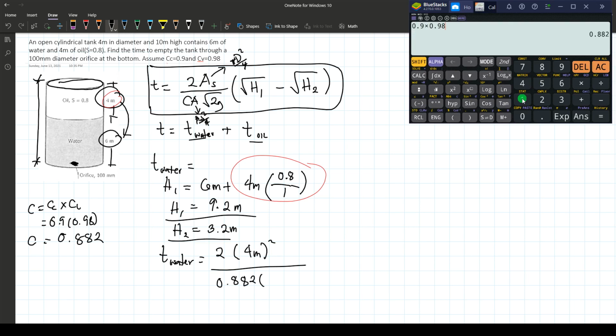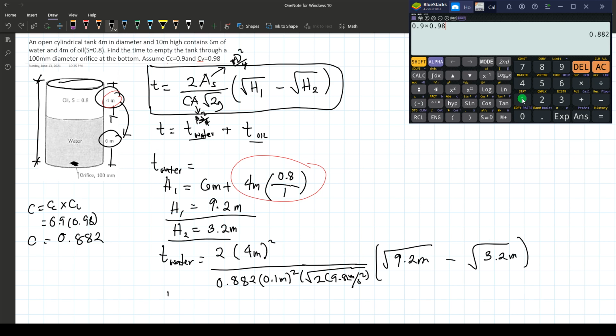As I've said earlier, pi over 4 is cancelled out. The diameter squared, 0.1 meter squared, times the square root of 2 times 9.81 meter per second squared. Then multiply the square root of H1, 9.2 meters, minus the square root of 3.2 meters for H2.